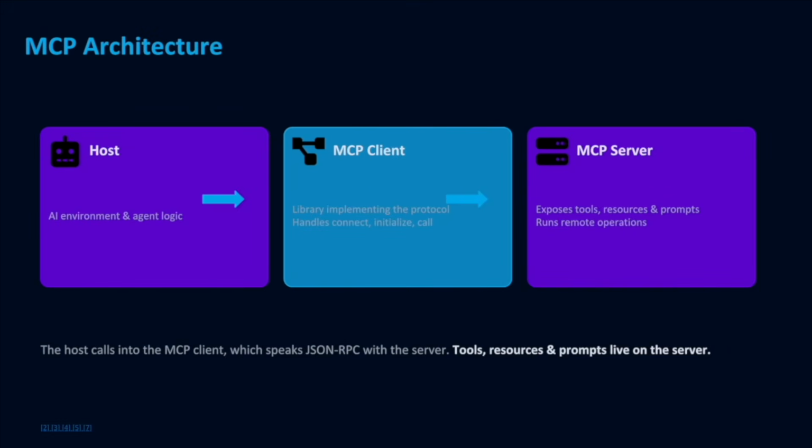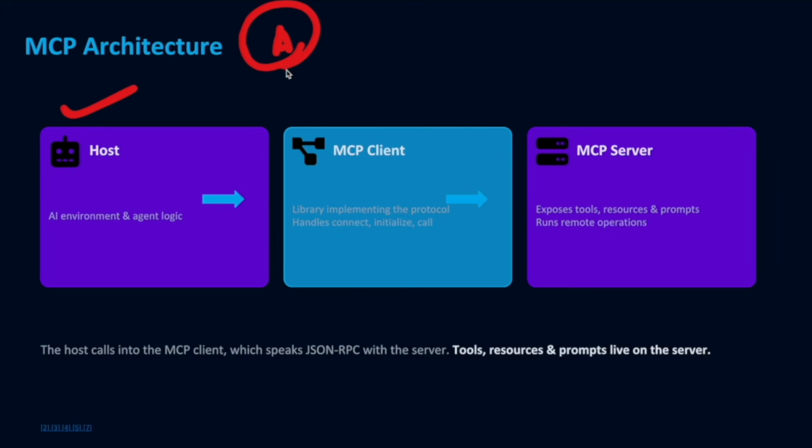Now, MCP architecture is pretty simple to understand. If you see, there are certain things, right? So there is a host. Host is nothing but the agent itself. For example, you have an agent that you have developed.